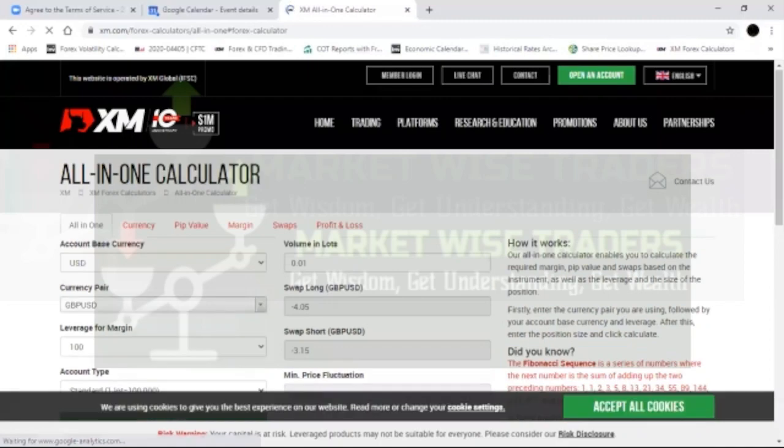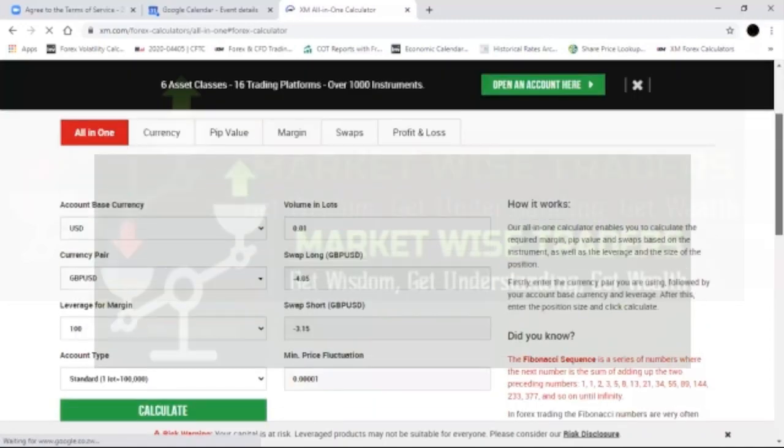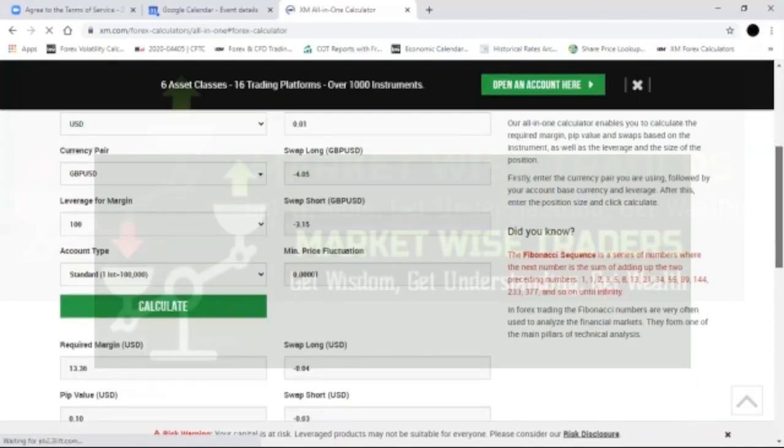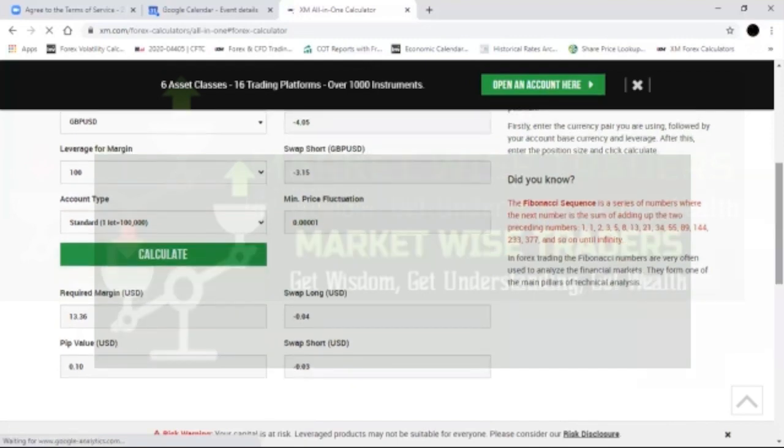Now remember what I spoke about the margin? You recall? We spoke about margin. Yes, as you can see here, what does it say here? Required margin, right? You see what it says there? $13.36.